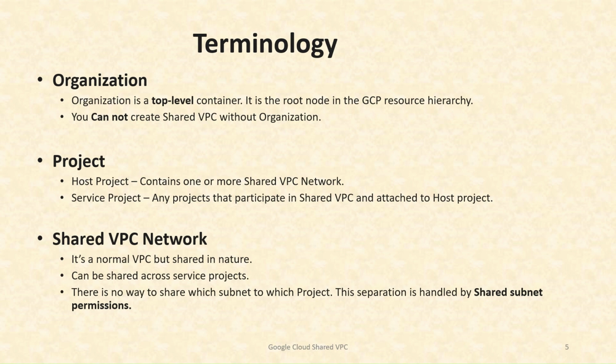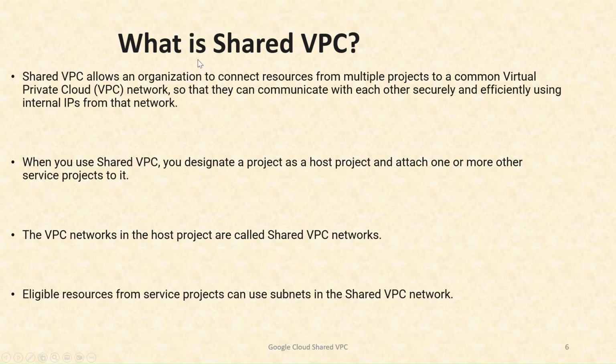Next, what is shared VPC? This is the official definition. Shared VPC allows an organization to connect resources from multiple service projects to a common virtual private cloud network, which is hosted in the host project, so that they can communicate with each other securely and efficiently over internal IP addresses.